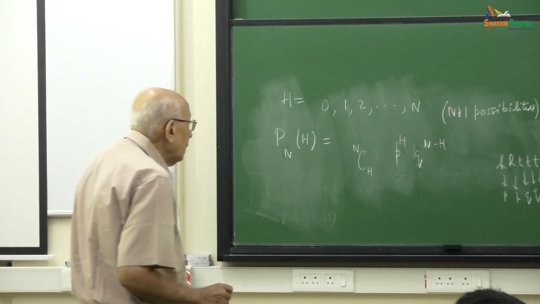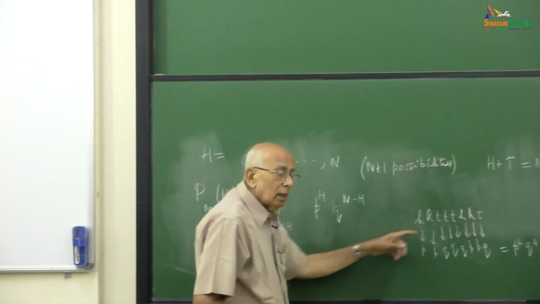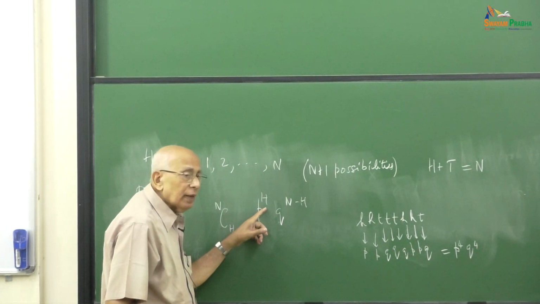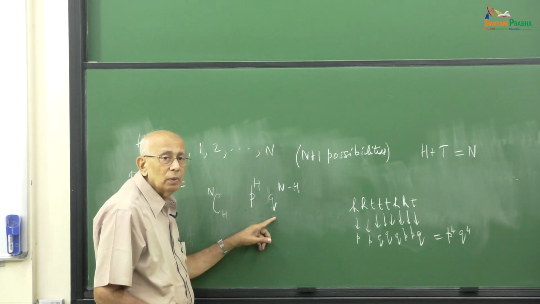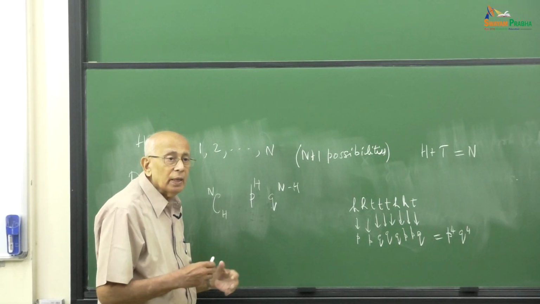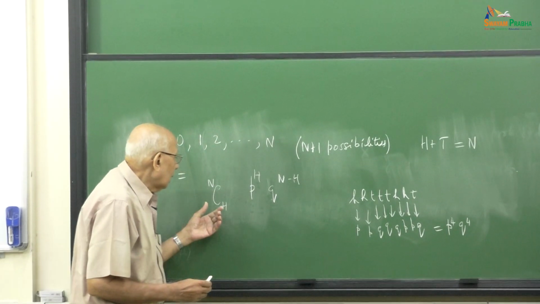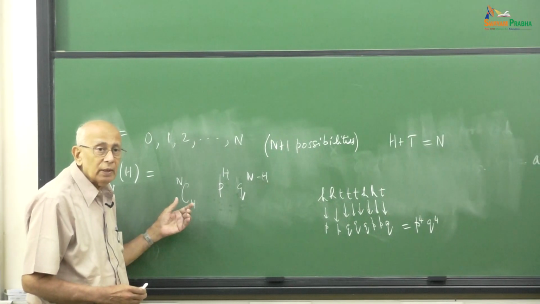So I am saying that any one of the outcomes must be made up of a string of this kind in which H of the factors are little p and N minus H of the factors are little q. And then I add up all the number of ways in which I could have realized this sequence, and that's NCH. So this combinatorial factor is very important.